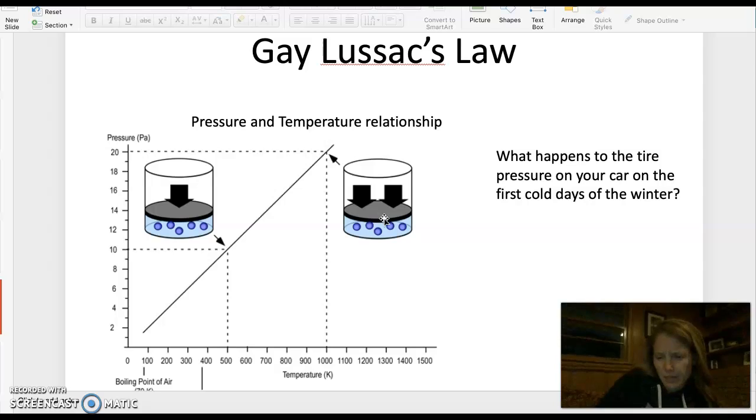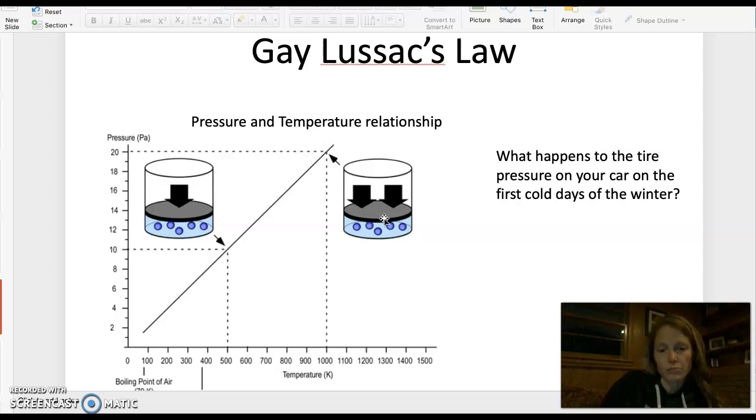And so a common example of this is on the first few days of really cold weather in the winter. Oftentimes your car will tell you that you need to put air in your tires because all of a sudden all that air that was in your tires, all that gas that was in your tires when it gets really cold is condensing, it's getting closer together, and so the pressure is dropping.